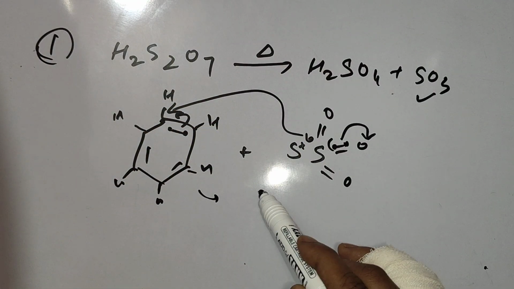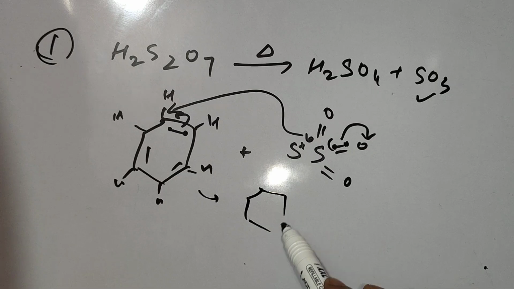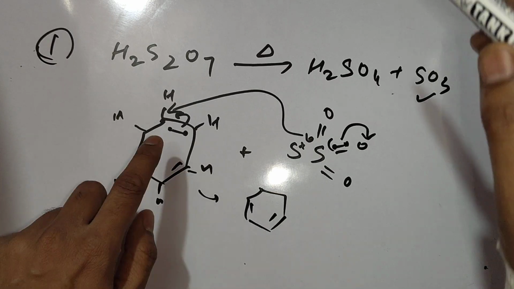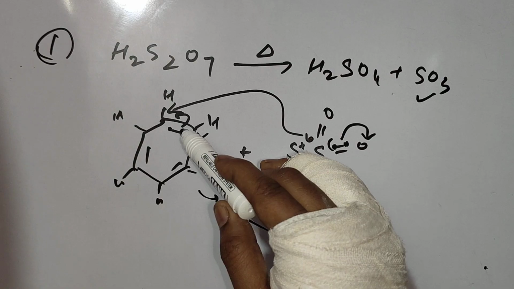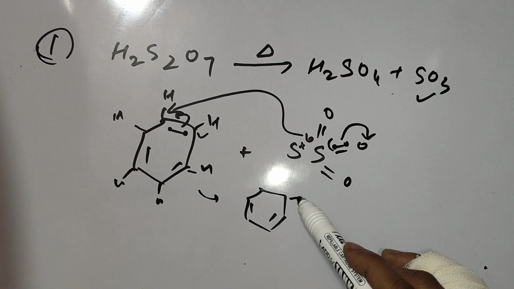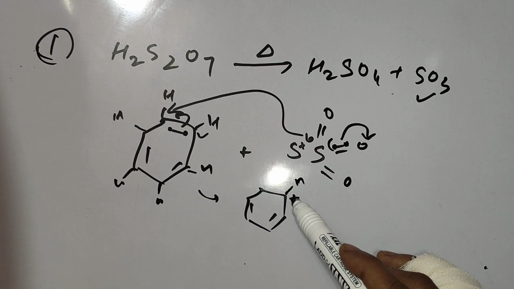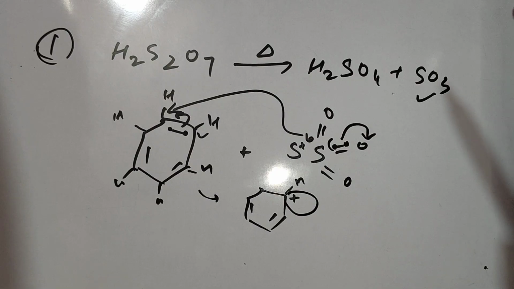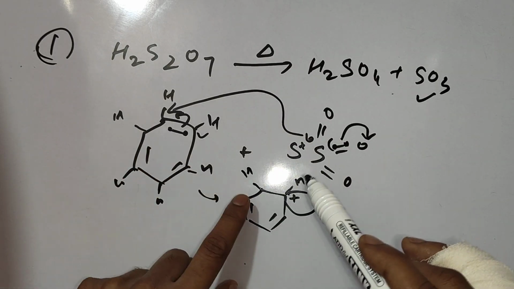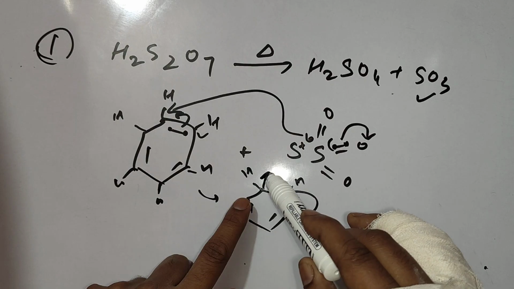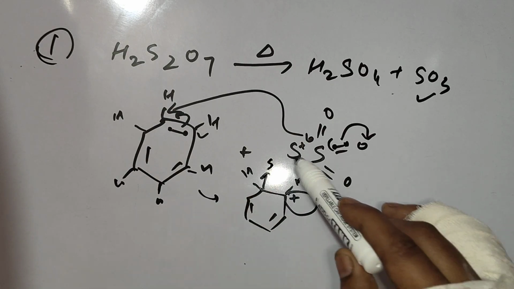In this condition, what will happen? Now because this carbon is losing its electron, this electron is shifting to that side. So this carbon will carry a positive charge and a vacant orbital, this one. And this carbon, which is connected with hydrogen, will make a dative bond with sulfur.